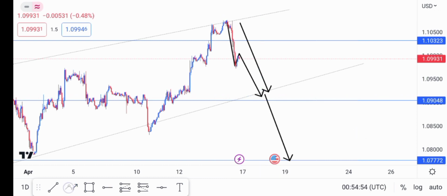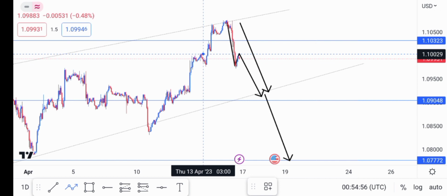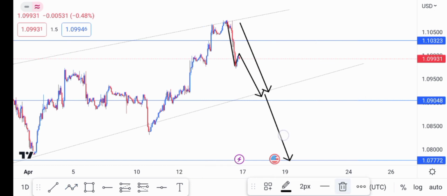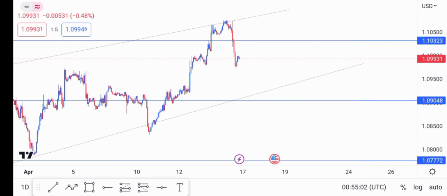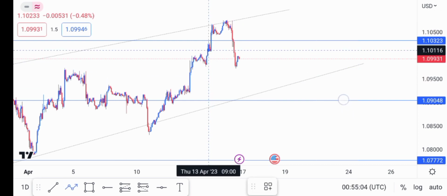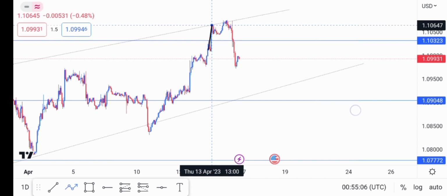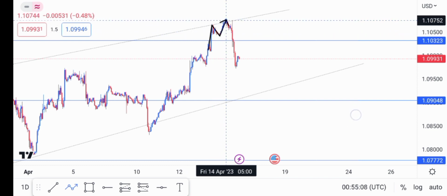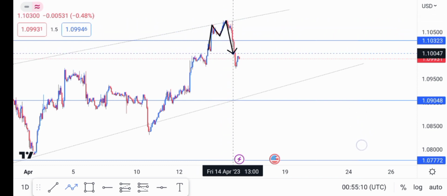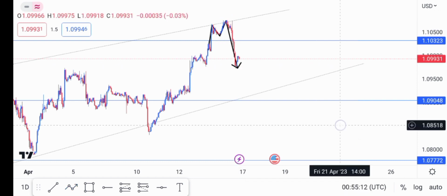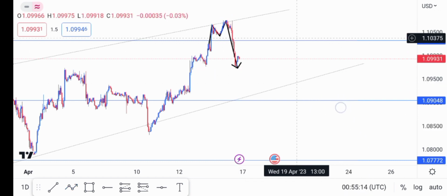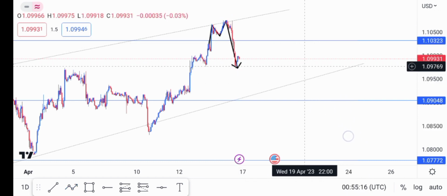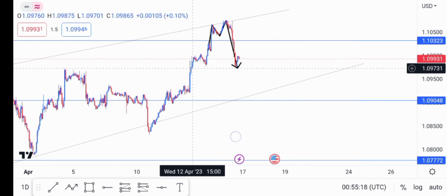And at the top again, okay, let me remove this first. As I've shown you, we are anticipating the sellers. And if we look at here, we had some sort of formation here. So it did break here. The entry level was here.